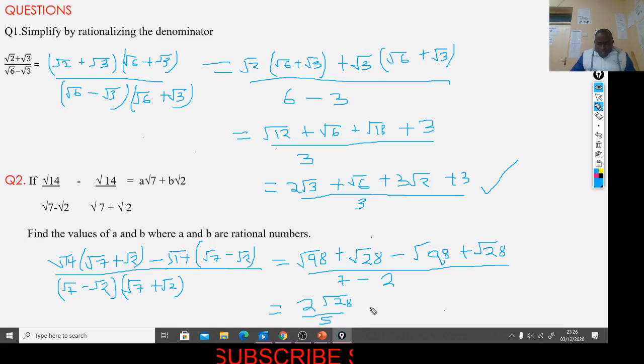And the root of 28, can you simplify root of 28? If I think of two numbers, it can be what?